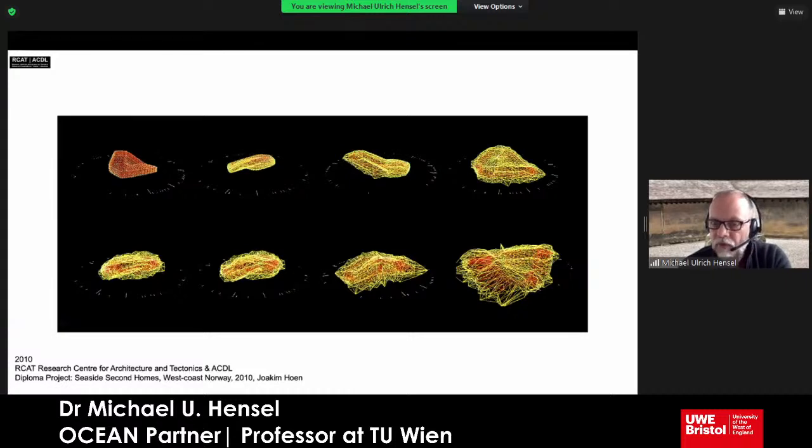Airflow was an important factor on this exposed area in Norway. So the student actually programmed a custom-made tool for the evaluation of airflow input. So you see here around the circle, which indicates the prevailing wind directions. So you get a simulation of that, and you get the response of the form.